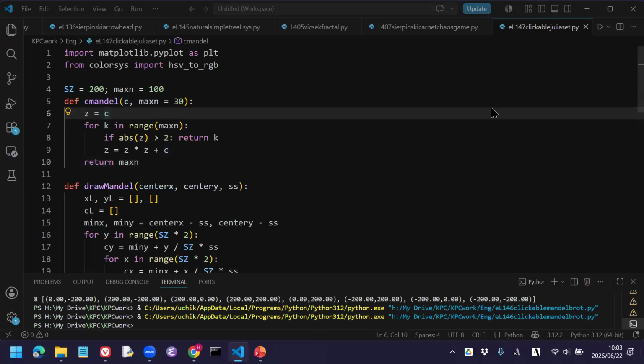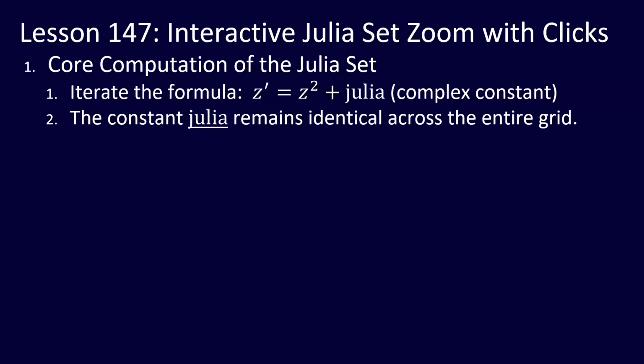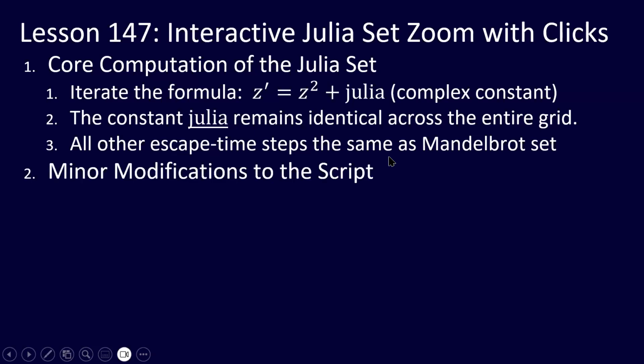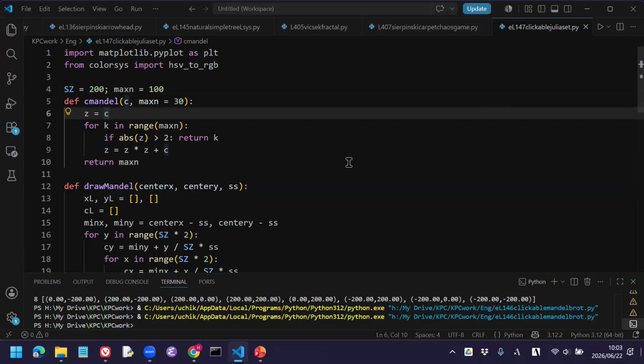Okay, then what should we do? Next, all the other escape time steps are the same. So actually, that's the same. What kind of modification do we need? Size is the same, and the max n is the same.